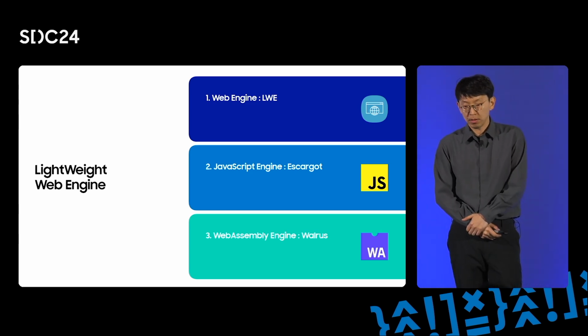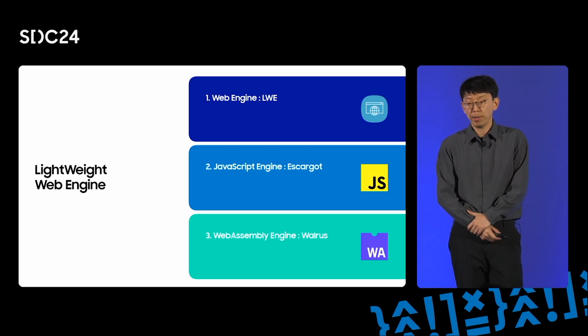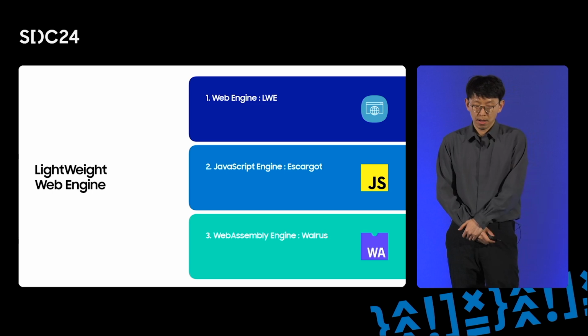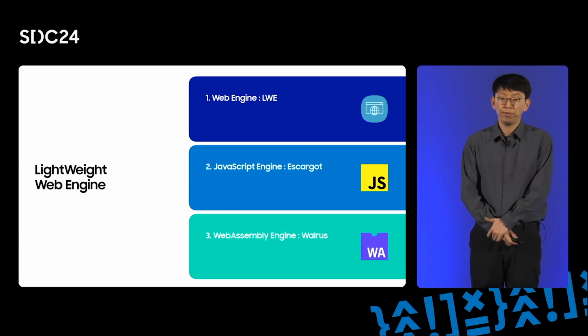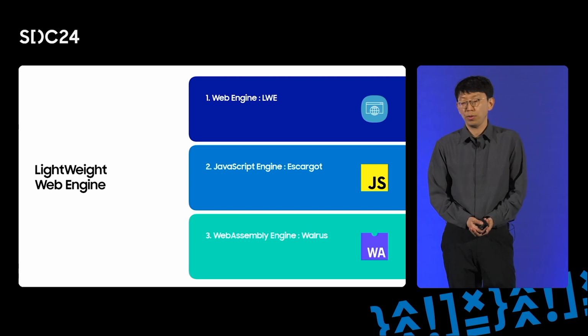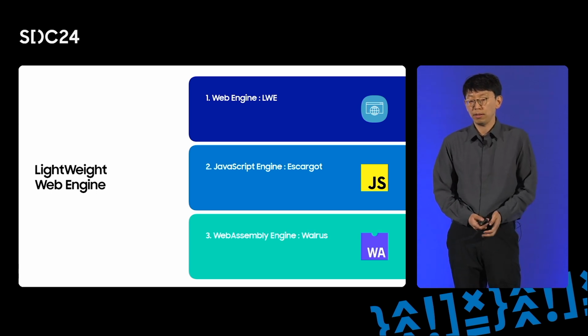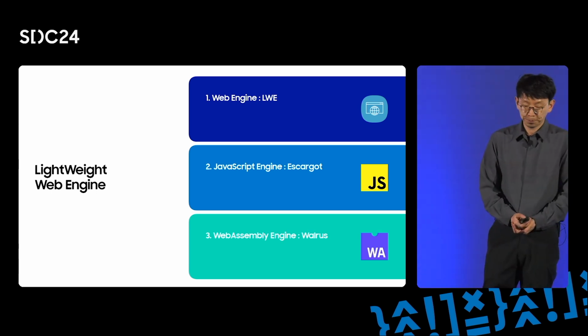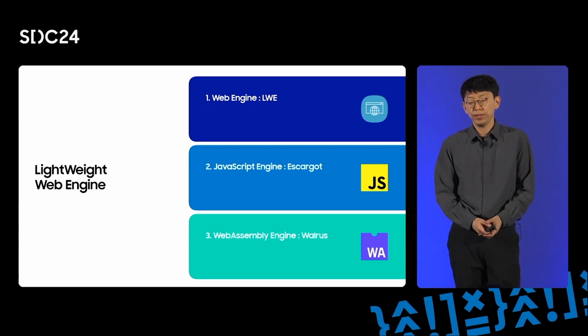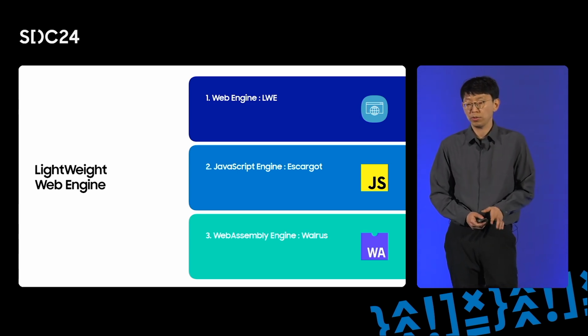At Samsung Research, we are independently developing various lightweight web engines. Unlike heavier performance-driven engines like Chromium, our focus is on creating web engines that are light and efficient. This ensures that our web-based services run smoothly across a wide range of Tizen devices.